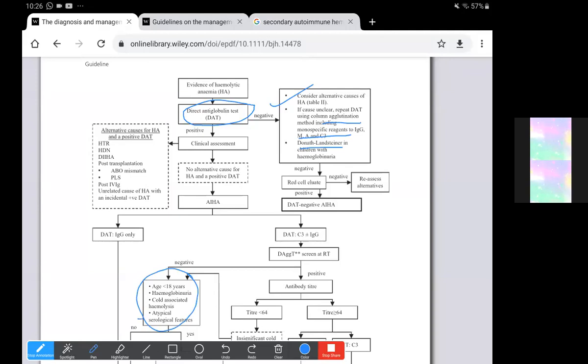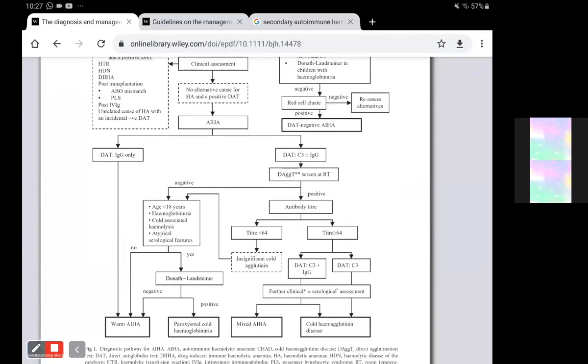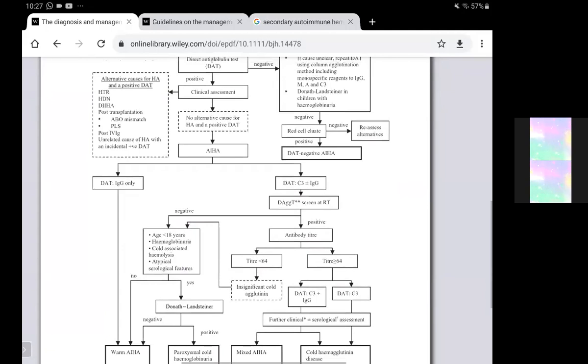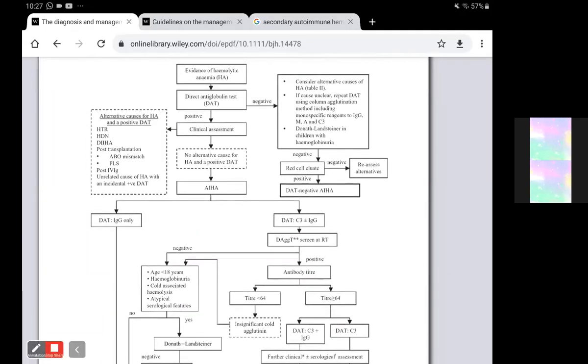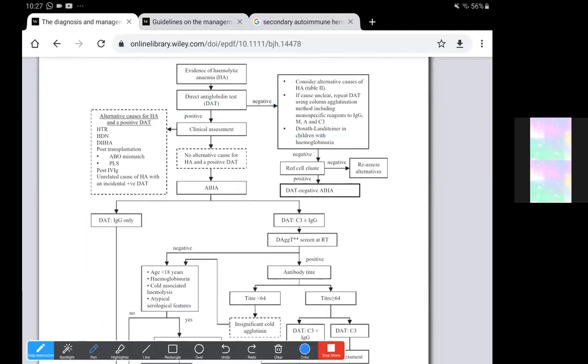In paroxysmal cold hemoglobinuria, we mostly come across a titer usually less than 64, and the range is also less than 25. So these atypical serological findings also help, and then we go on with the red cell eluate: red cell eluate, monospecific reagents, column agglutination, and we rule out the Donath-Landsteiner antibodies. And if this red cell eluate is positive, then we can rule these in as DAT-negative autoimmune hemolytic anemia.